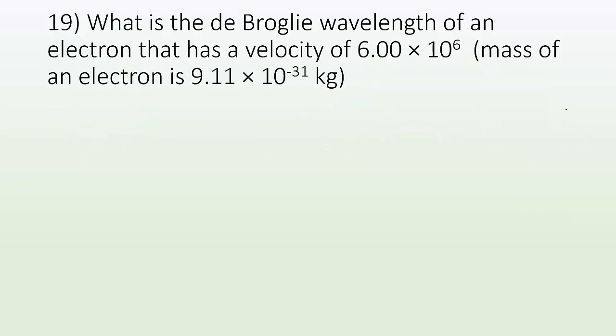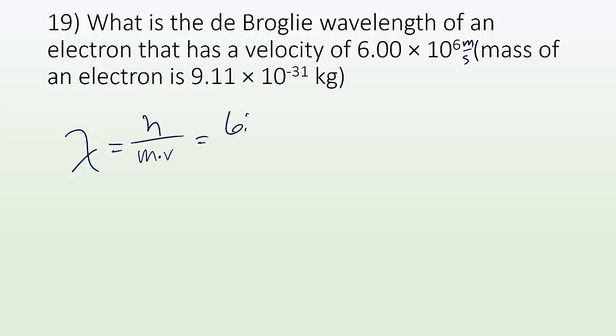All right, so 19 says, what is the de Broglie wavelength of an electron that has a velocity of this? And it tells you the mass of the electron. And this should be meters per second. Oops, sorry, I didn't put the units there. So let's do this math again. We want the wavelength, and it's going to be equal to Planck's constant over the mass times the velocity.